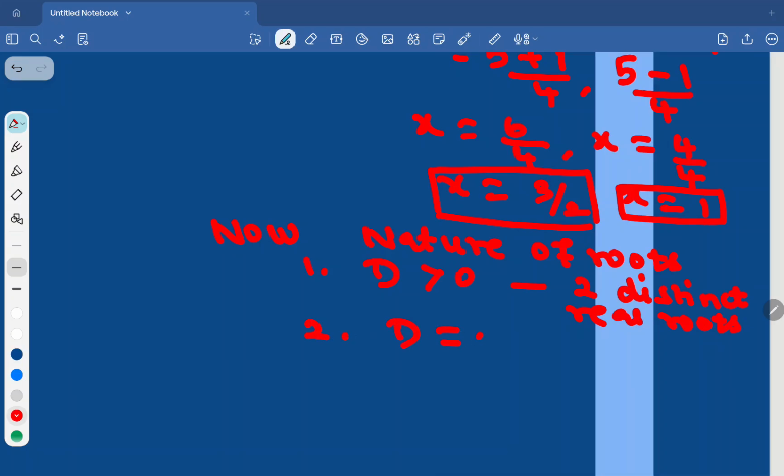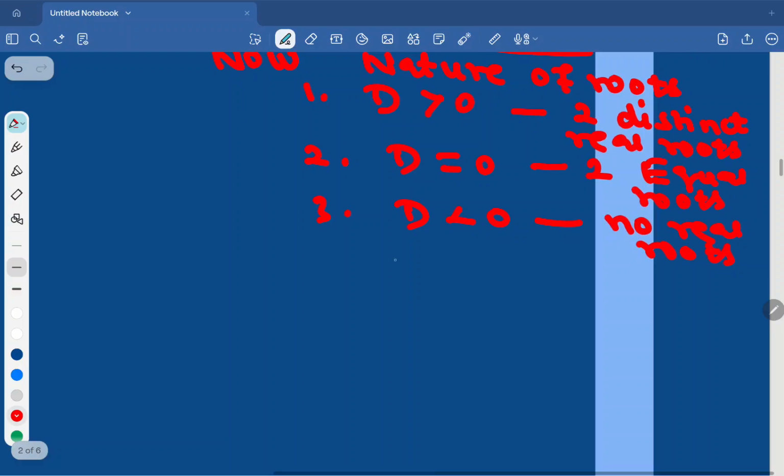D equal to 0, 2 equal roots. D less than 0, no real roots. What is this D? D is nothing but b square minus 4ac.